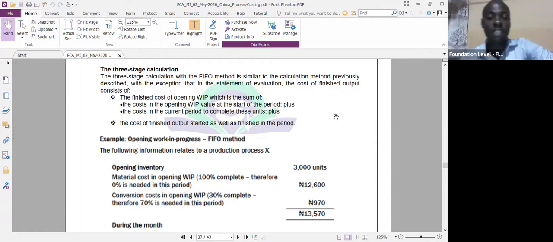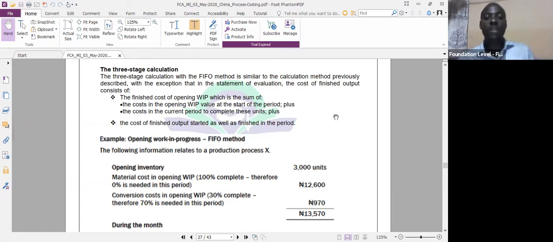What are these stages? We'll first of all find the finished costs. The finished cost of opening work in progress, which is the sum of the cost in the opening work in progress value at the start of the period plus the cost in the current period to complete these units.